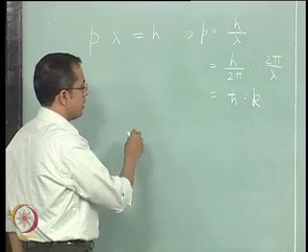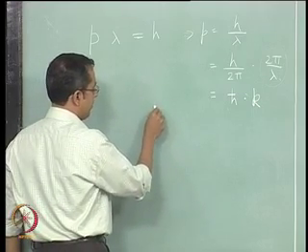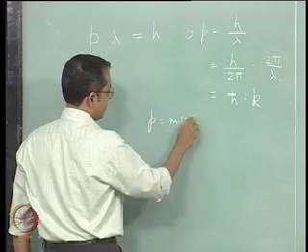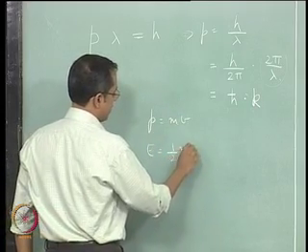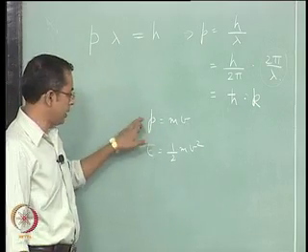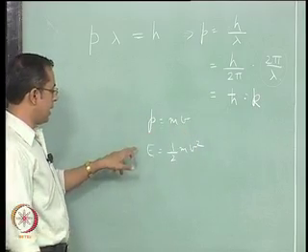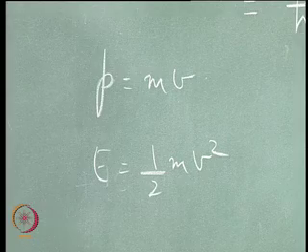and we also write p is mass times velocity, energy is half m v square, right. So these are the conventional definitions: linear momentum p is mass times its velocity, and energy is half m v square.